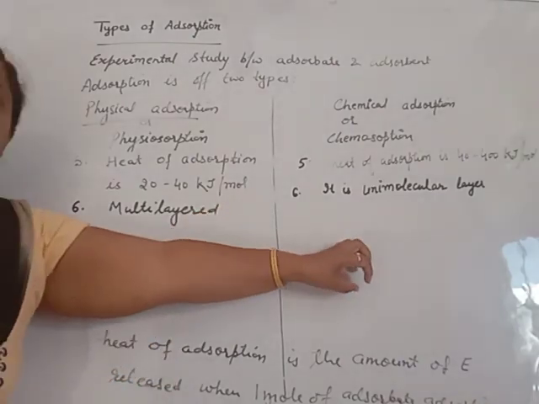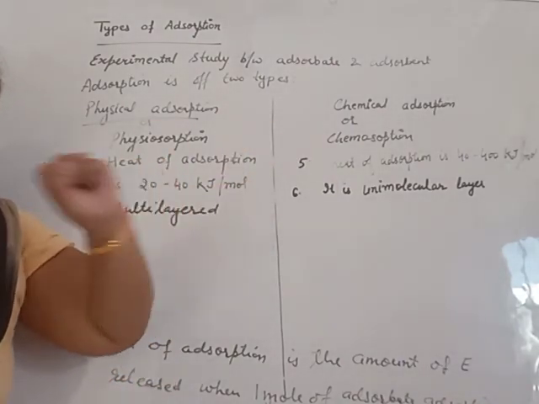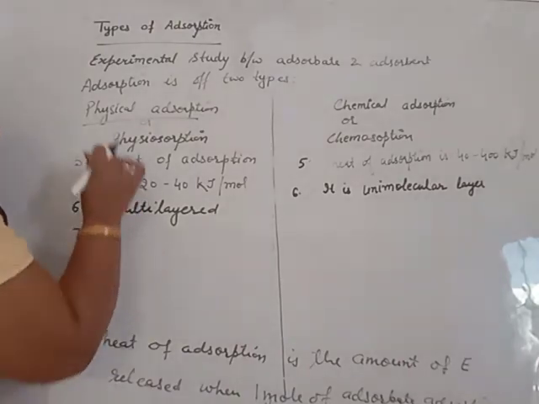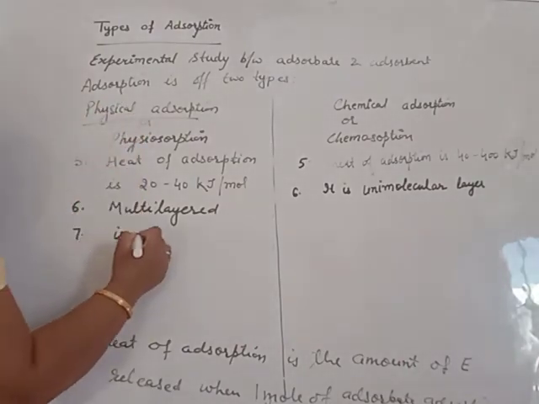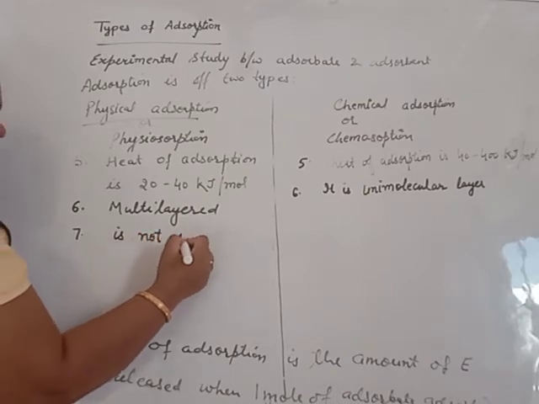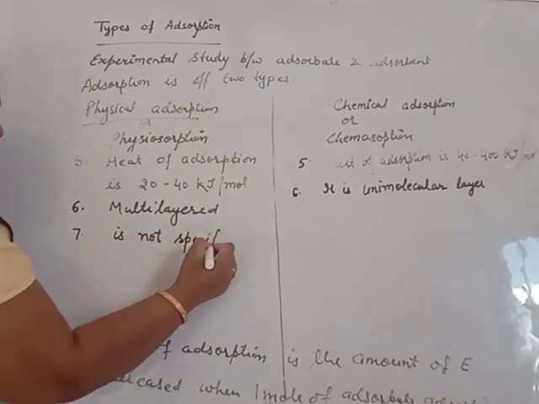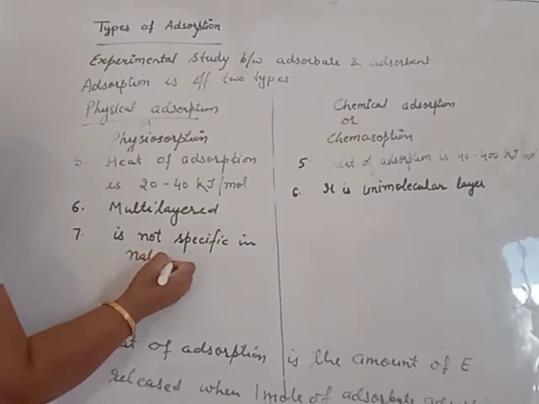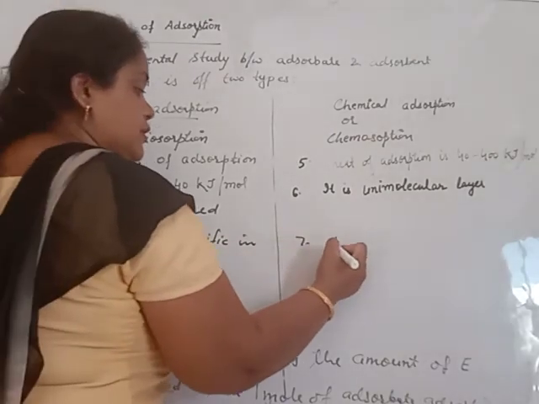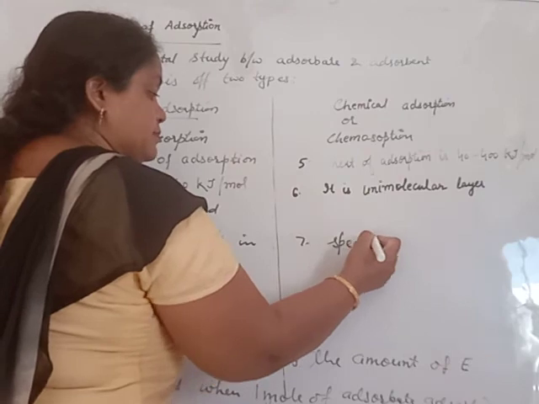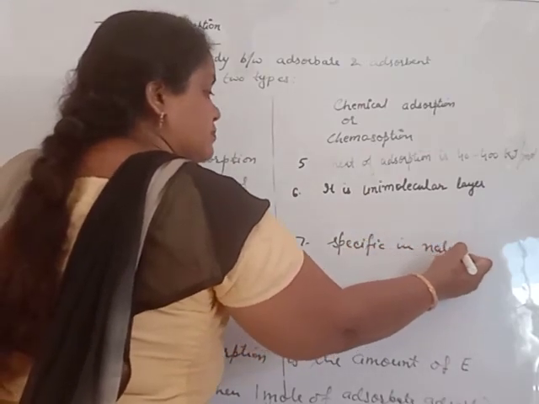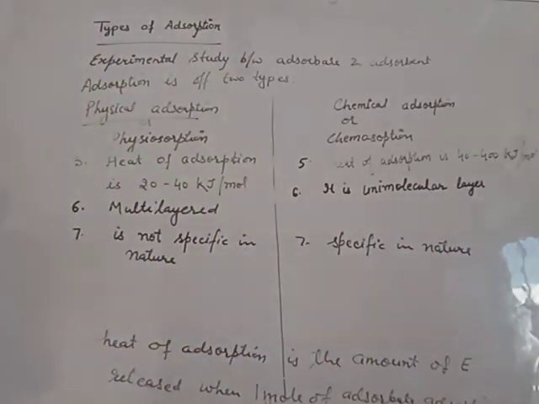A particular bond is formed between particular substances. So we can say physical adsorption is not specific in nature, but chemical adsorption is specific in nature.